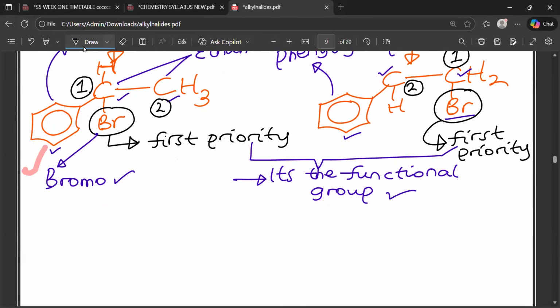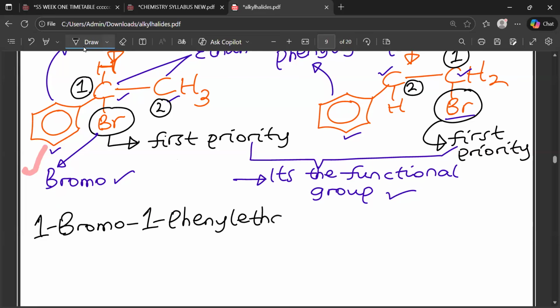So my parent is ethane. When I come to mention the side groups, I'll say 1 bromo, and the phenyl is on position 1, so I say 1 phenyl ethane.